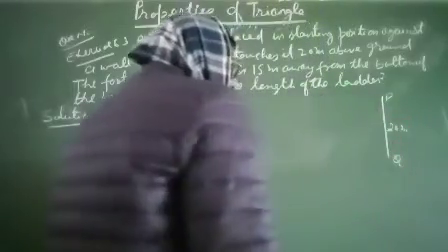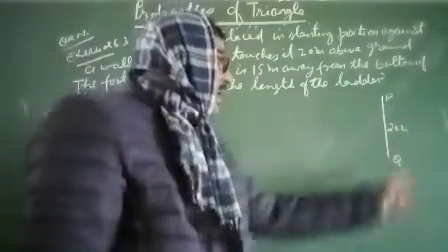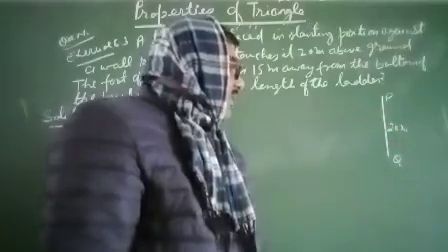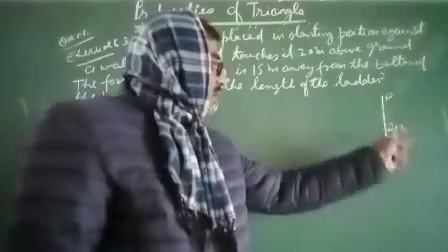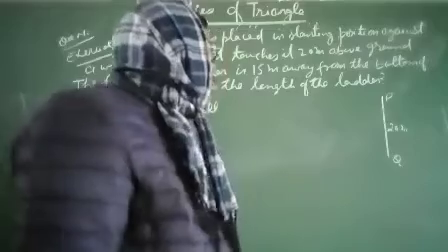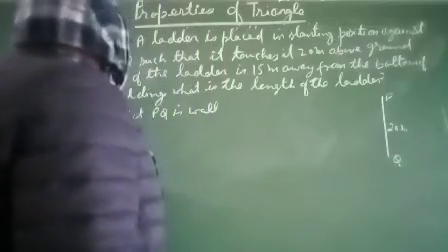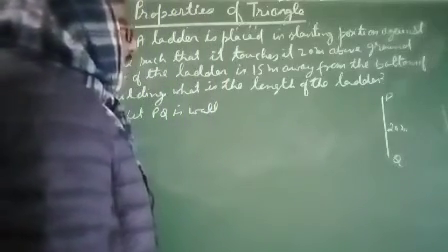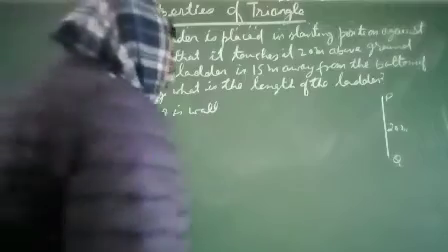So the length of the wall, or we can say the height of the wall, is 20 meter. The foot of the ladder is 15 meter away from the bottom of the building.